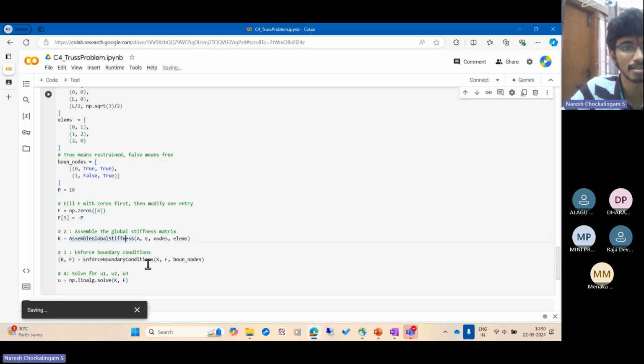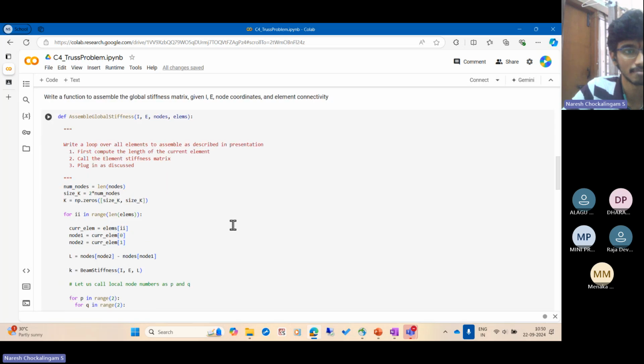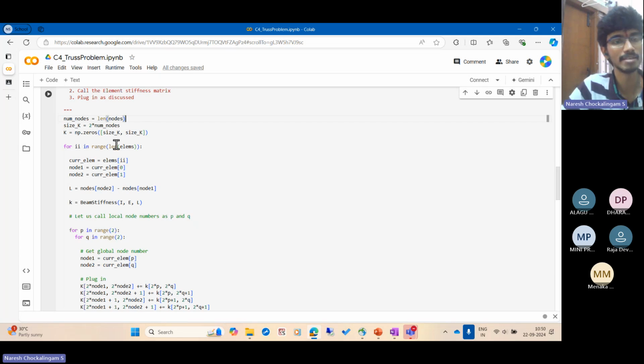Next, we are going to assemble the global stiffness matrix. So you need A, E, nodes and elements. We'll go to assemble. As I said, assembly is almost the same as beam, because it is two nodes per element and 2 degrees of freedom per node.